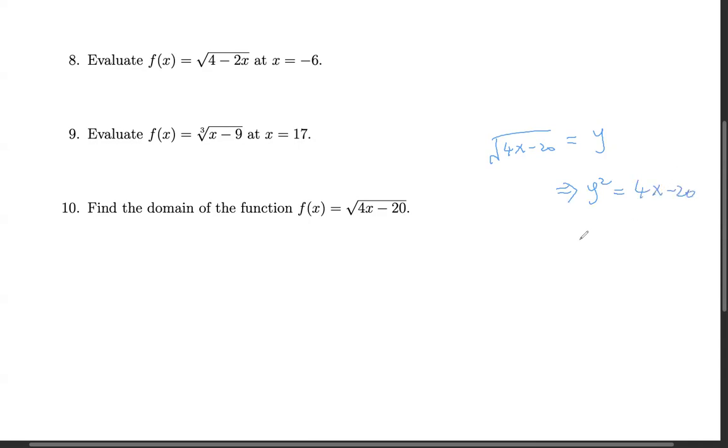And in the real number world, remember y squared has to be non-negative. So that means 4x minus 20 has to be non-negative. So I just solve for x. I move negative 20 to the other side to become plus 20. I divide by 4 on both sides. So x has to be greater than or equal to 5.